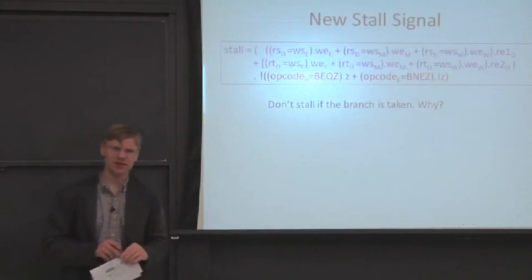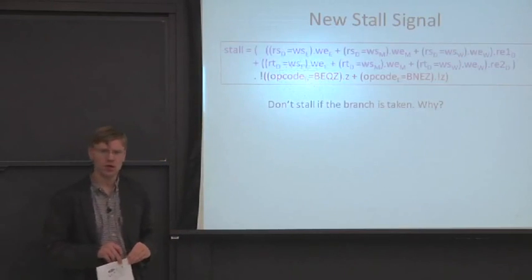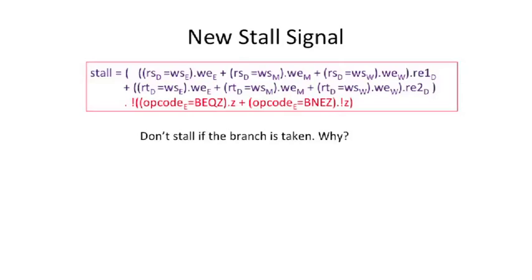OK, so now we get to talk about the stall signal in detail. We start off in blue here at the top, the stall signal we had from before. You need to check the data dependencies and check for data hazards between the registers of the source operands, the RS and RT in the decode stage, against the other stages in the pipe: the execute stage, the memory stage, and the write back stage.